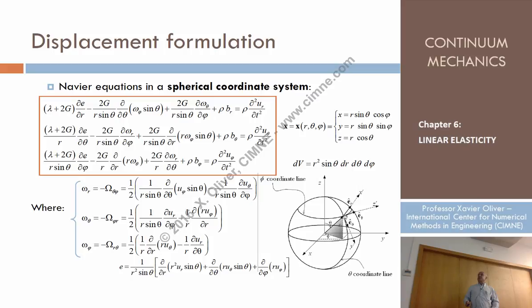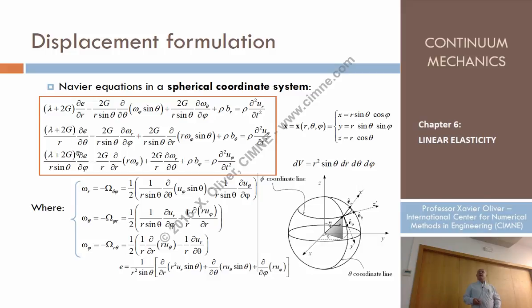So the components of the displacements at every point are in this local system x', y', z', which are locally attached to these three directions. So this gives rise to three components of the displacements: ur, the displacement in that direction; u theta, the displacement in that direction, sorry; and u phi, the component in this direction. So again, when working with that, the Navier equations take a special format when developed component by component.